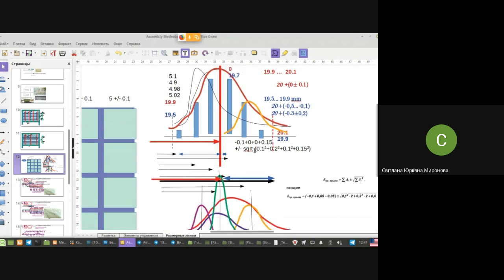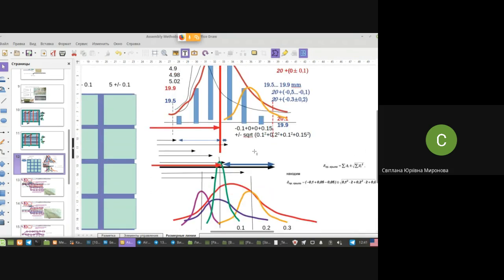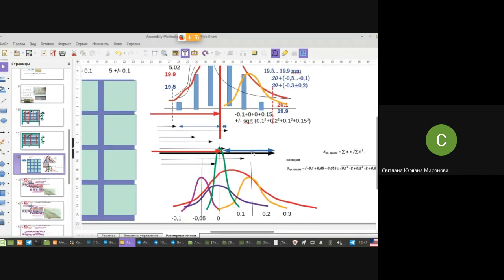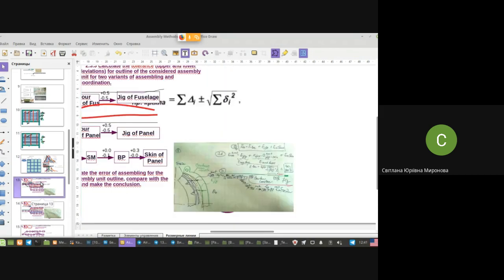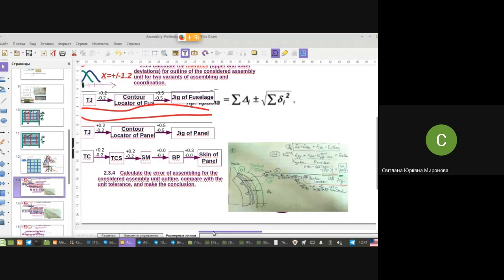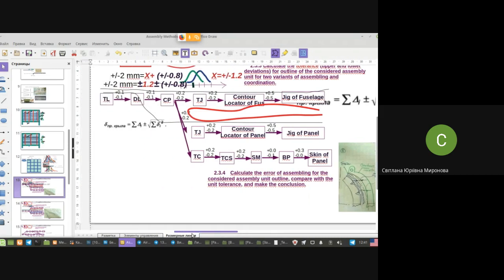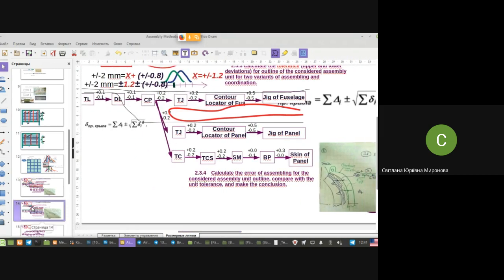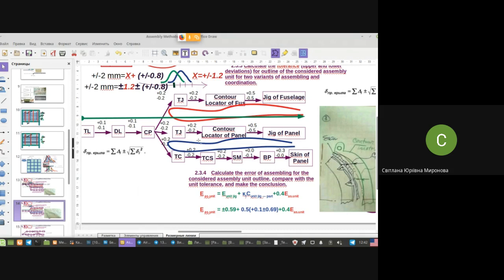I sincerely hope you understand that a distribution is characterized by the coordinate of the middle and the dispersion width to the left and to the right. Each time we work with this formula, first we need to think over where these middles are. Look at this slide that we are working with.